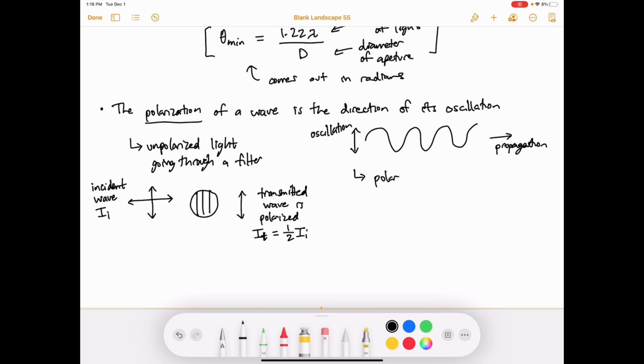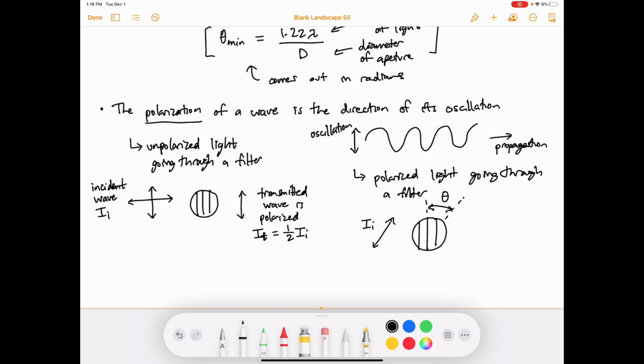Now, if we have polarized light going through a filter, this is what it will look like. So first of all, the incident wave is going to be shown with just a single arrow like this to indicate that there's just one direction of polarization. That's the incident intensity, I_I. Here's the filter. And so what we'll note is there's some angle between the axis of the filter and the polarization of our incident wave.